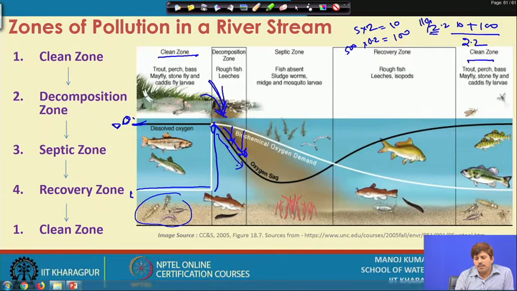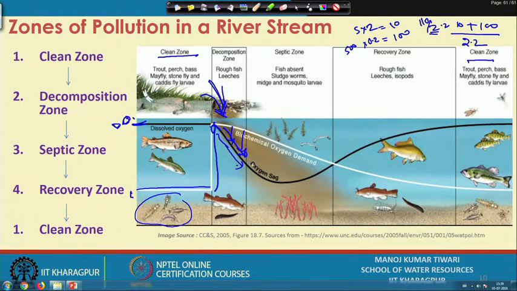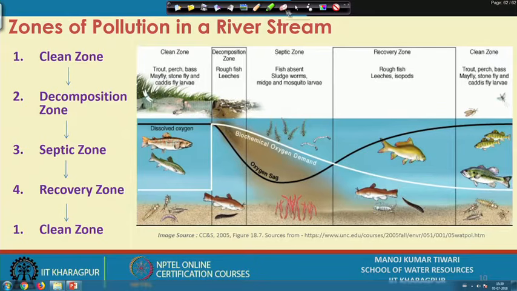They need oxygen for decomposing organic matter, so in the process they will consume oxygen, and eventually the level of oxygen, if you see here, this was your BOD, and BOD will start decreasing slowly, while there is going to be a rapid fall in the oxygen level, because oxygen is getting consumed for the decomposition of organic matter.